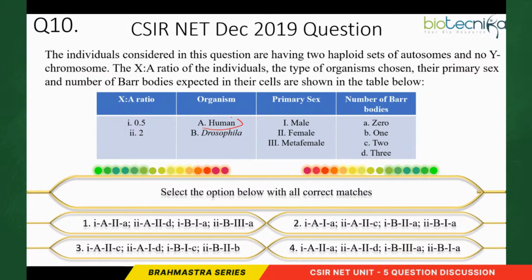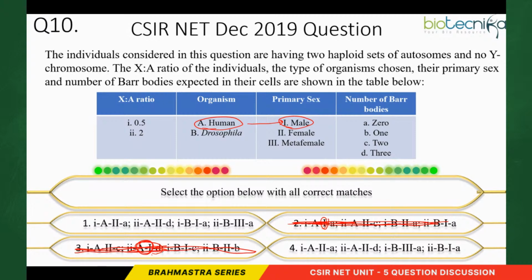Sorry, A cannot be male. So wherever you have A1, you can strike off that answer. You can see here you have A1, so this entire thing cannot be the answer. Then again here we have A1, so this also won't be the answer.